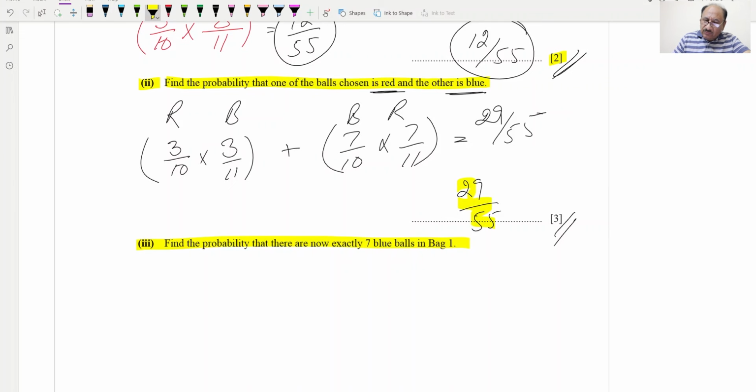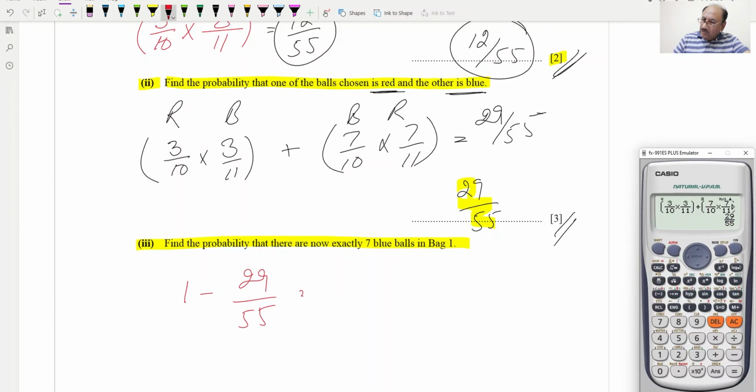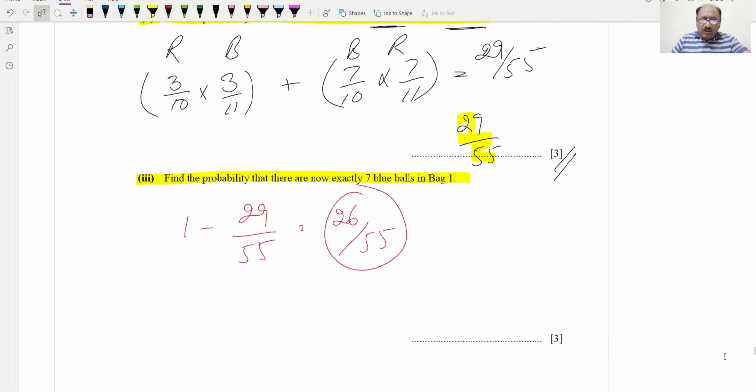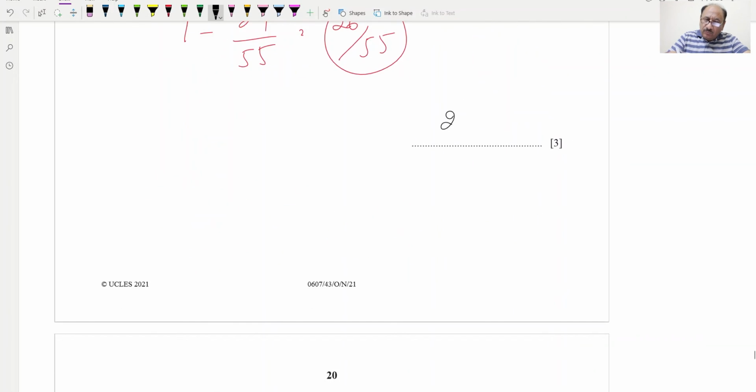We subtract it from 1, so it will be 1 minus 29 over 55, and this will be equal to 26 over 55. This will be our final answer which we provide over here, 26 over 55. And this is a 3-mark question which we are done with.